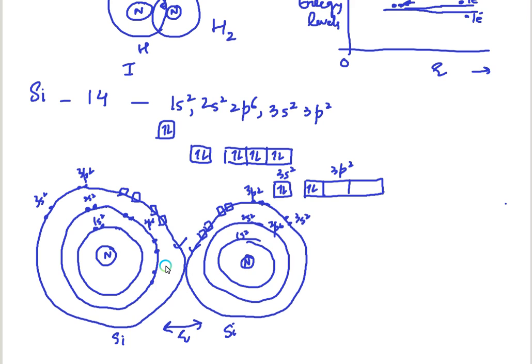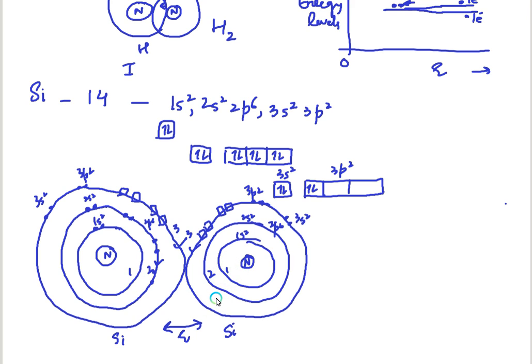Outer cannot interact with the inner. No, the second shell interacts with the second shell, the third with the third. This third shell will interact with this third. What is this interaction? Exchange of energy. Then this second shell will interact with which shell? Second, 2 and 2, 3 and 3, and then 1 and 1.